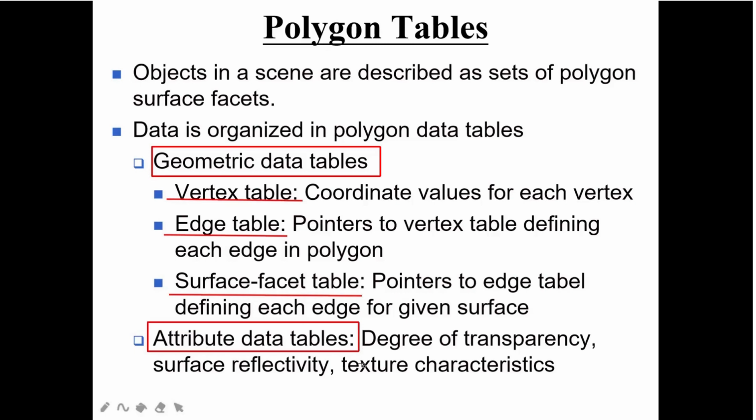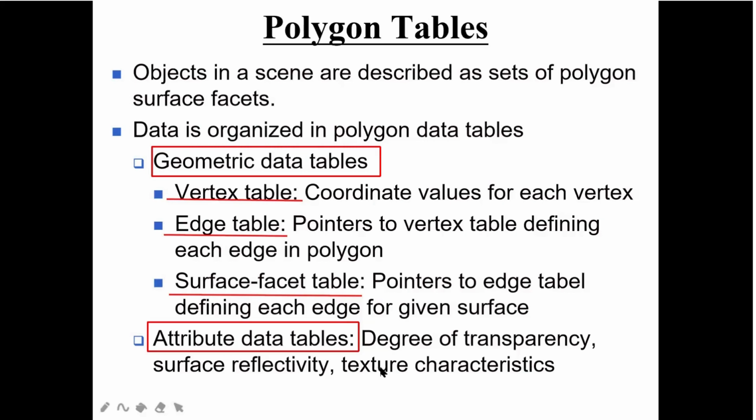So remember, we have the polygon tables, which consist of geometric data tables and the attribute data tables. Under your geometric data tables, you have the vertex table, edge table, and the face table. But inside your attribute data table, it will keep only the characteristics of transparency, reflectivity, and textures. So this much you have to remember.